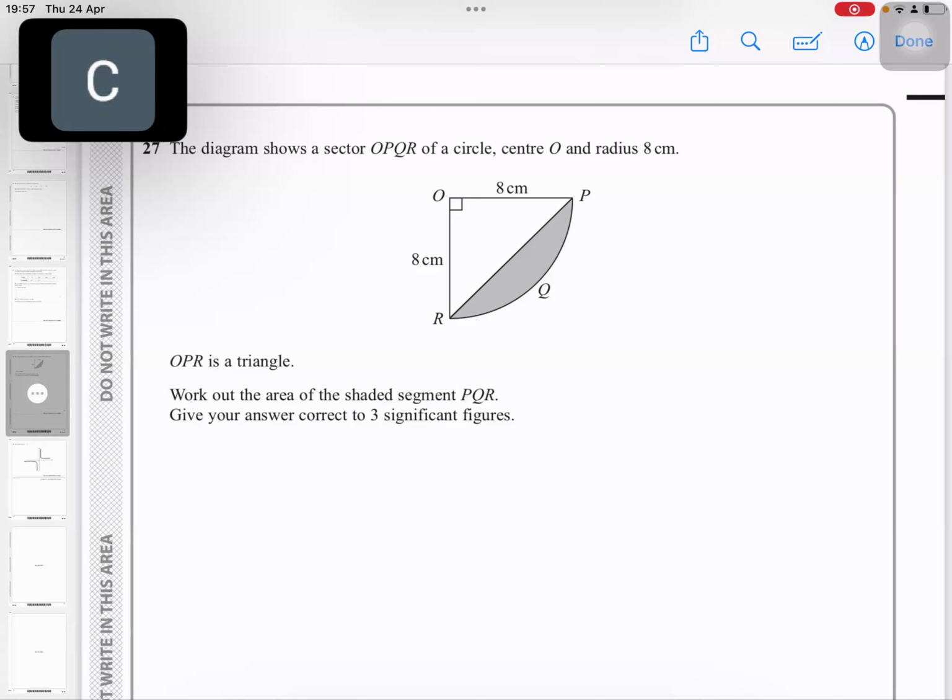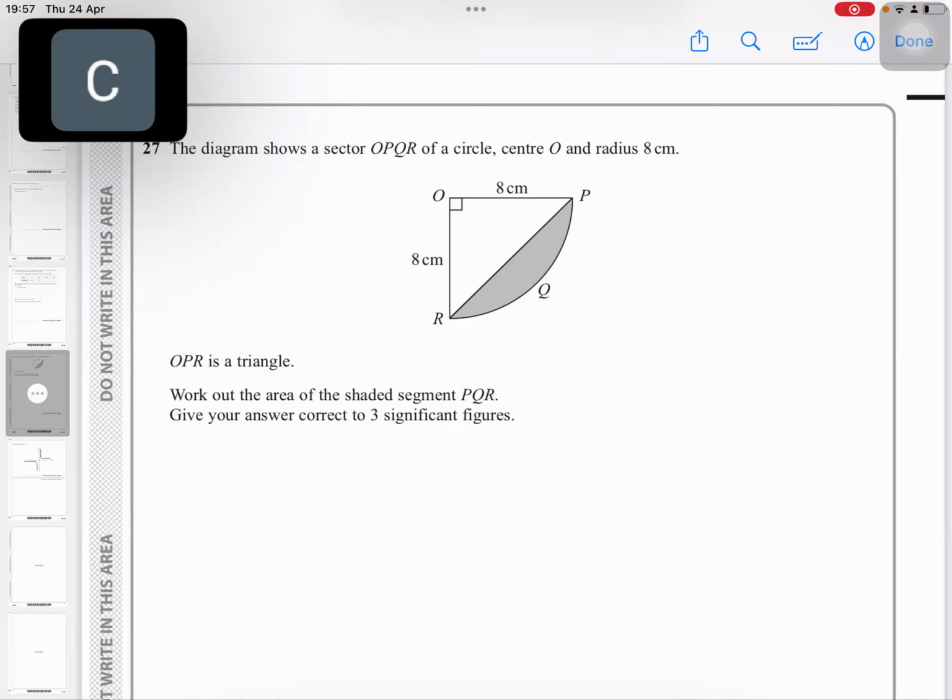That's going to lead you to 4 times 8, 32. So I've helped you calculate the area of the triangle. You can go ahead and calculate the area of the quadrant. The area of the quadrant is simply pi r squared divided by 4.